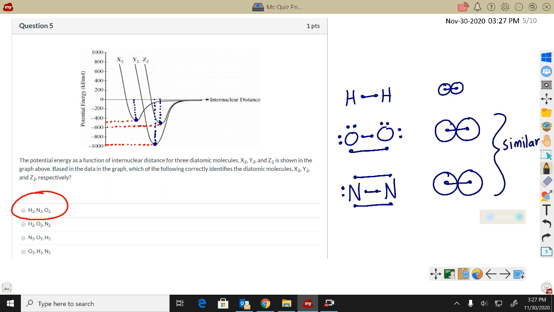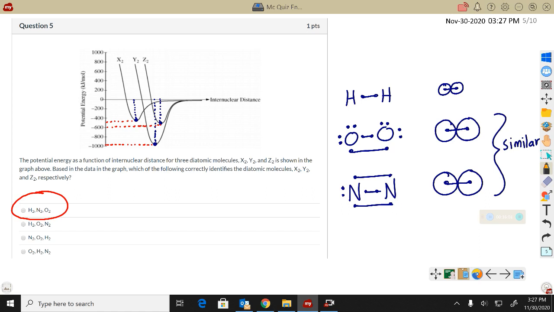And so, first of all, I picked out the trough, the low energy level on each graph, and said, okay, x2. X2 kind of jumps out at me as distinctly having a smaller internuclear distance. The other two are kind of similar. If I follow them up to the internuclear distance, x2 is definitely smaller.